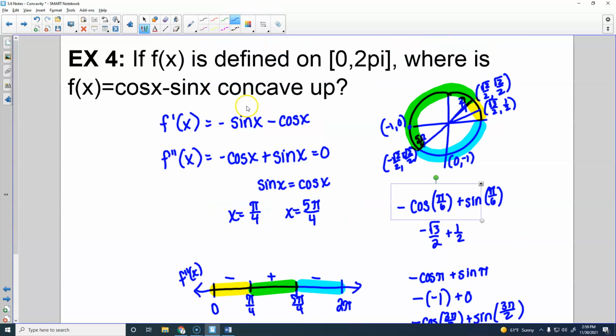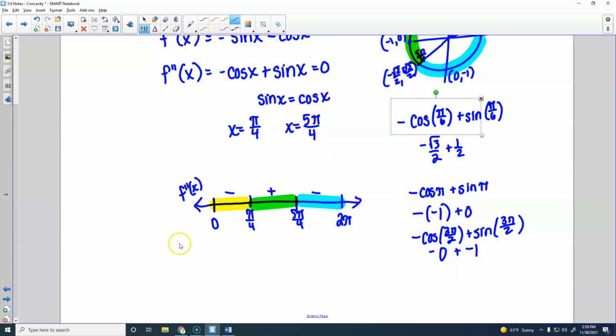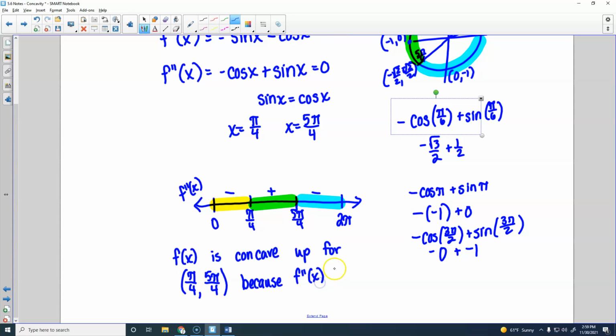So this asks for concave up. So where would our graph be concave up? F of x is concave up for pi over 4 to 5 pi over 4 because the second derivative is greater than 0.